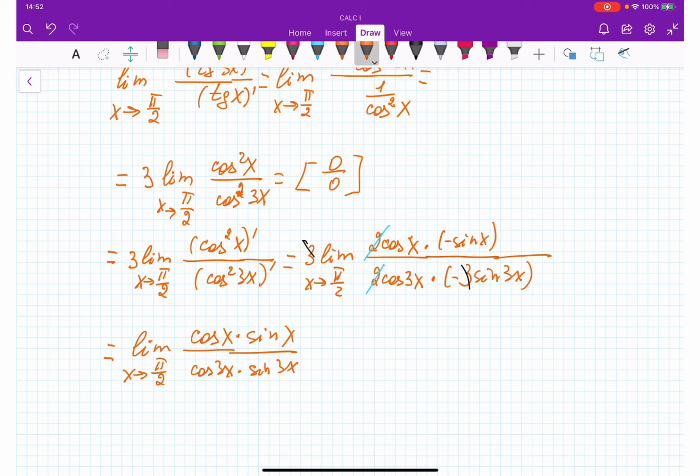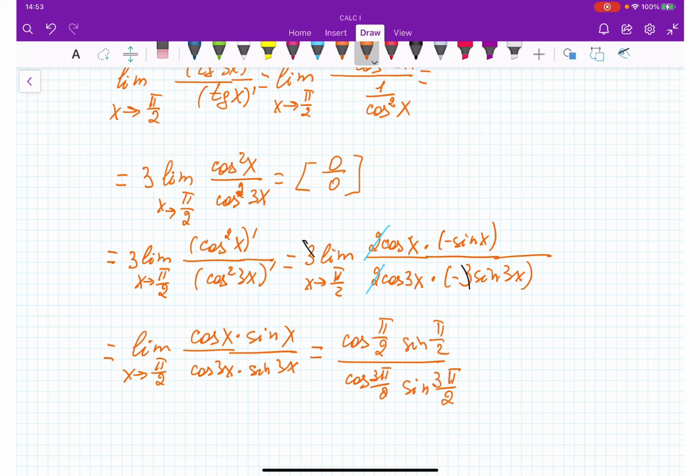Yes? Okay. So if I plug in, well, I can plug in everything. It's equal to cosine half a pi, sine half a pi, cosine 3 pi over 2, and sine 3 pi over 2.